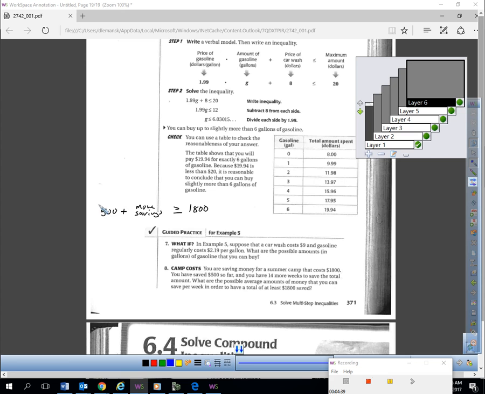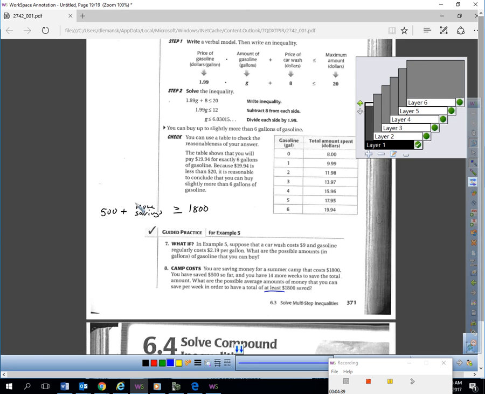I have $500 plus I have more savings to do. What are the average possible amounts of money that you can save per week in order to have a total of at least, you see that word at least, $1,800? So I want my $500 plus my extra savings to be more than or equal to $1,800.